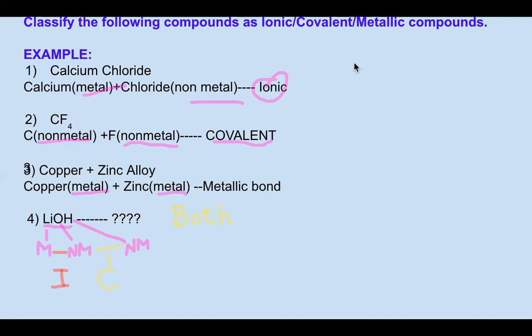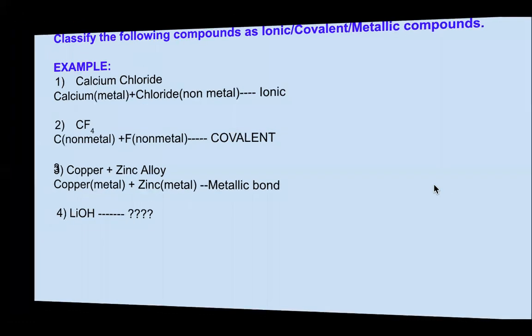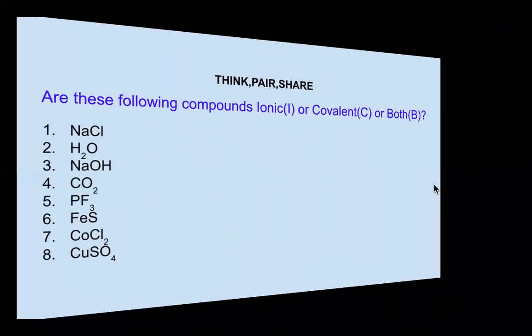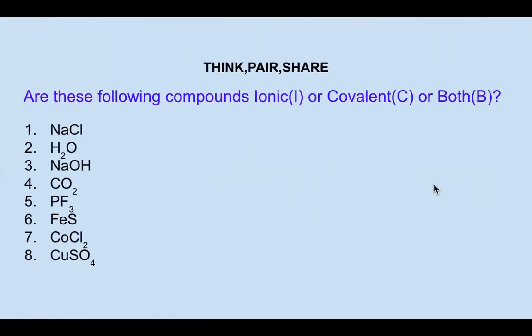Okay, so now we will do a little practice in the next slide. Are the following compounds ionic, covalent, or both? First, use the periodic table and figure out whether these elements are metals or non-metals.